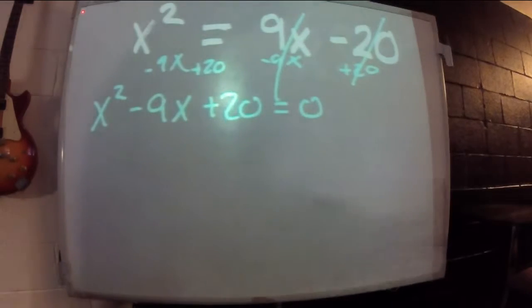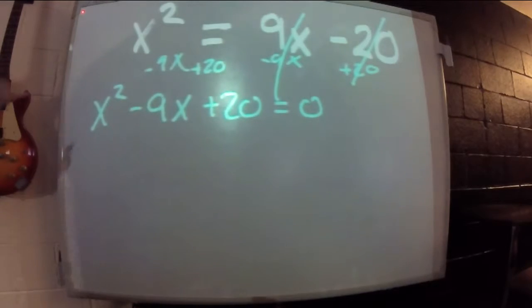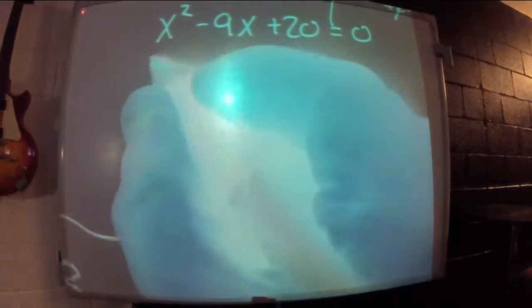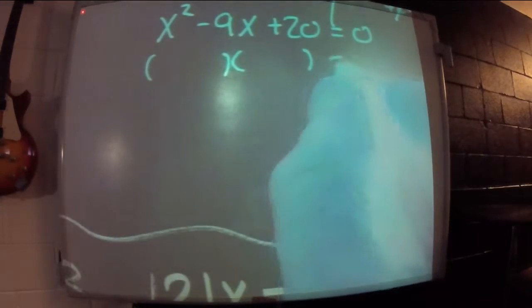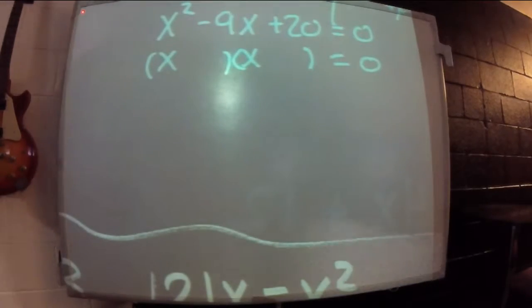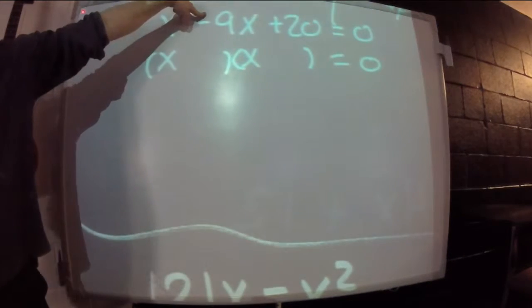So the first thing is, if the pieces are on the left and the right, get them all over to one side. It doesn't matter if you get them all over left or right. Just get them over on one side. And then, let's work this. Now you've got that trinomial on the left. Factor it, which means unfoil it, into two binomials. I need the numbers that multiply to 20, yet if I add them somehow, I get negative 9.